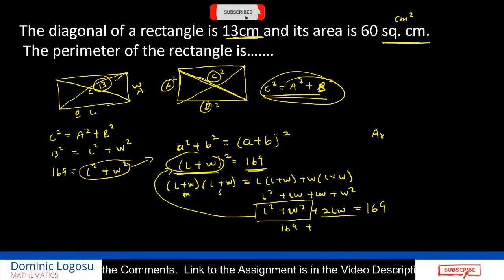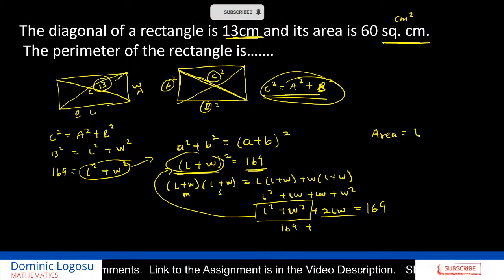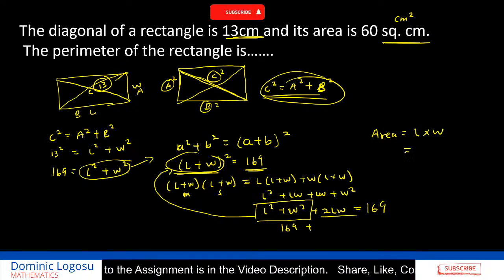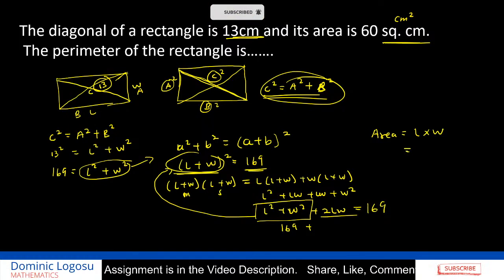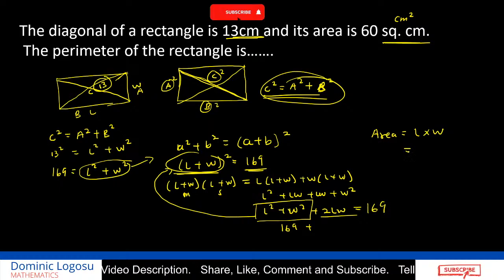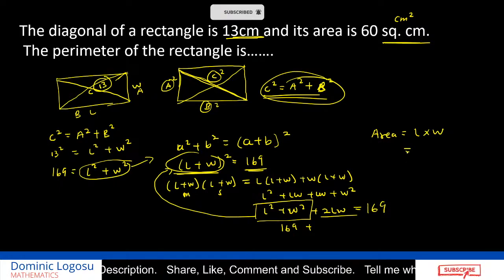Now we need area. Area is what? Length times width. Okay, we are trying to establish the sides of the rectangle, so we'll need area. In order to find area, we need the length and we also need the width.